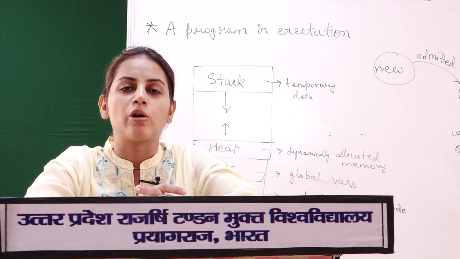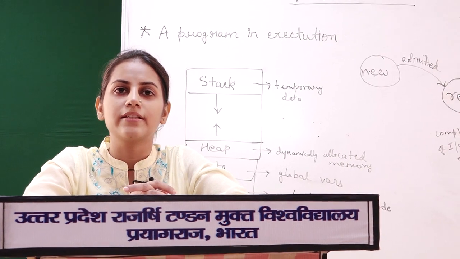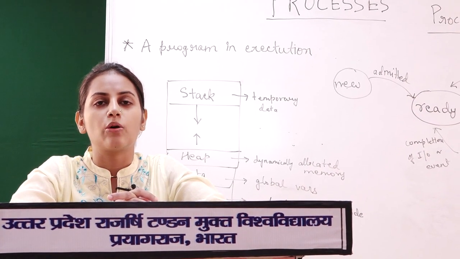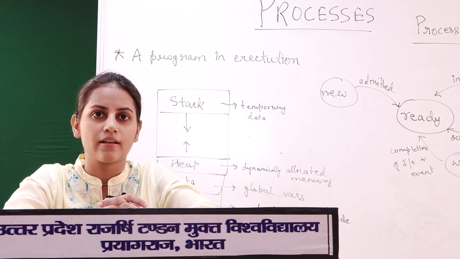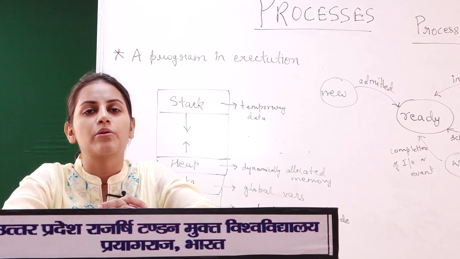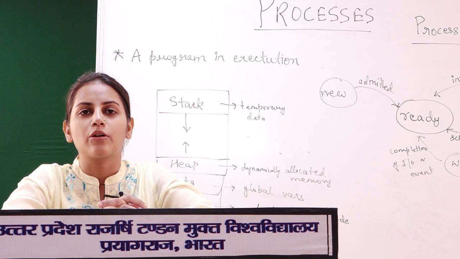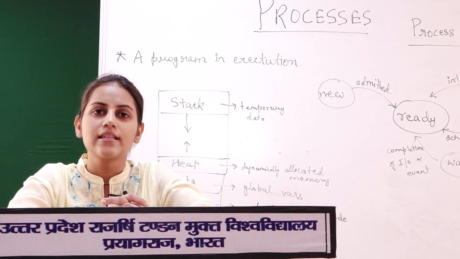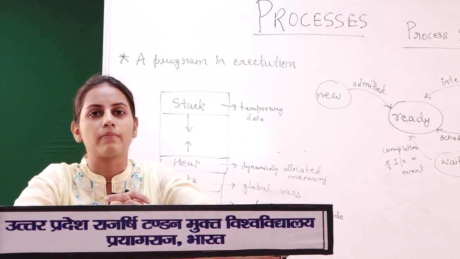We now move on to our next block, where we will first discuss the concept of a process. As I had already introduced you to the process in operating system, a process is a program in execution.